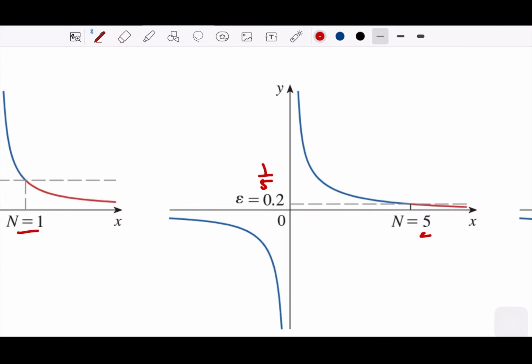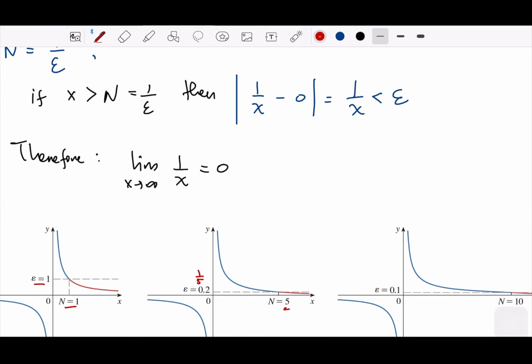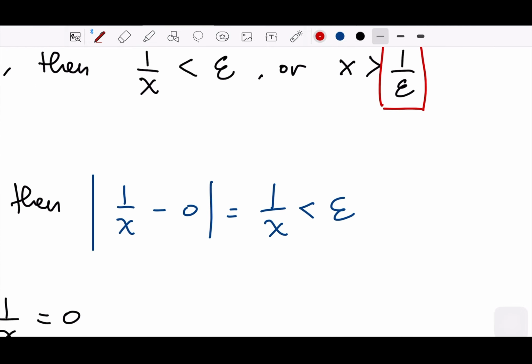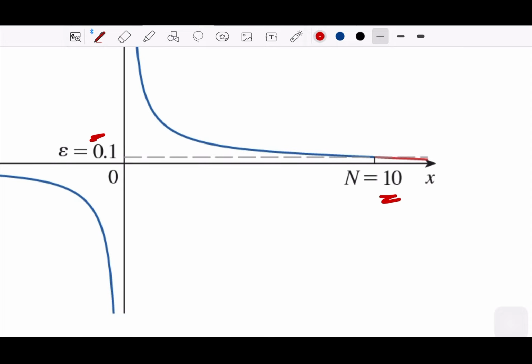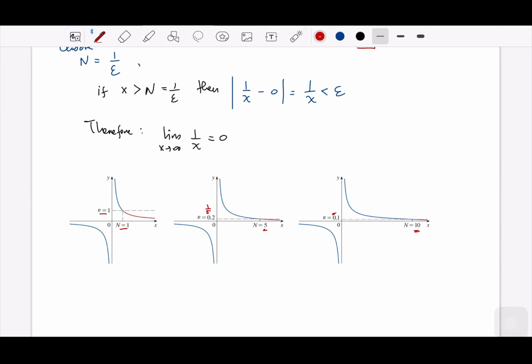It's precisely similar to what we have here. So whenever we have n, the epsilon will be 1 over that n. And when n is equal to 10, this will be 0.1, and the notion is that the distance between f and the L is always 1 over n. I hope you get my point here.